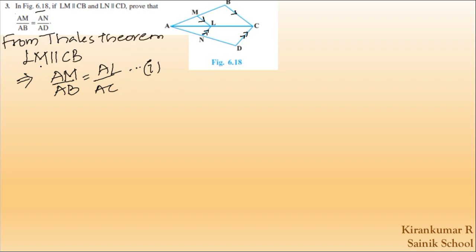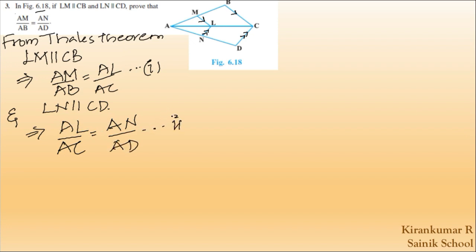We have LM parallel to CB, and they also given that LN is parallel to CD. Now I'll consider this triangle. In this triangle we have AL upon AC equal to AN upon AD.